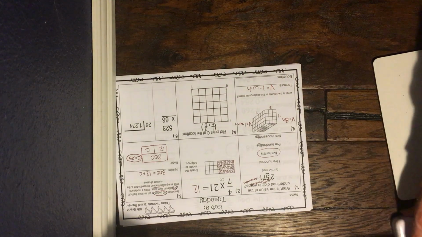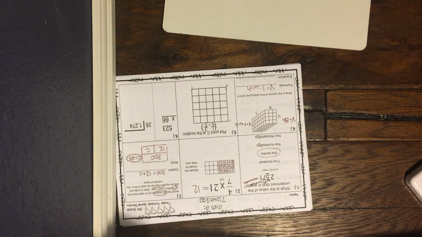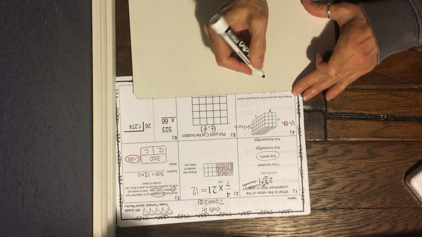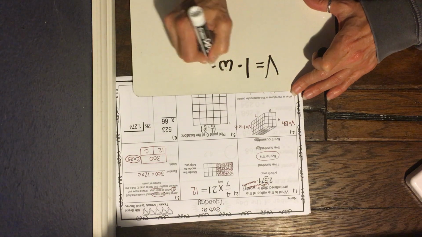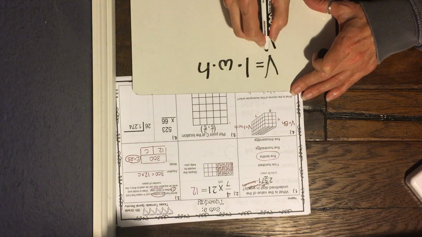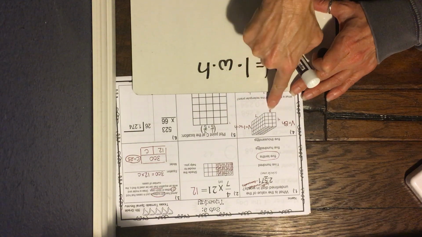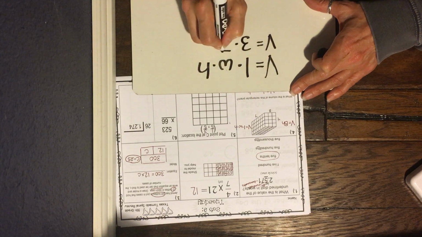I want to go ahead and solve it with y'all because that's the fun of it. So let's write it on our board so it can be a little bit bigger. All right, we have volume equals length times width times height. Now, we don't have our volume, so we write down our V. We've got our length is 3. Our width is 7.